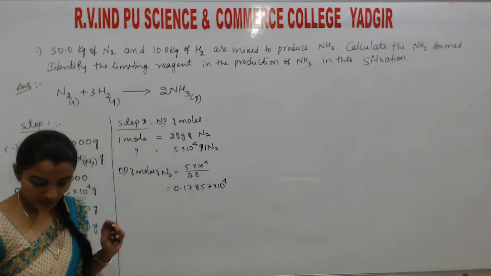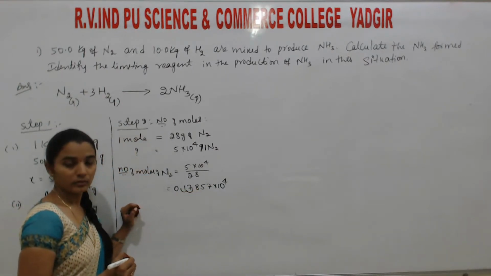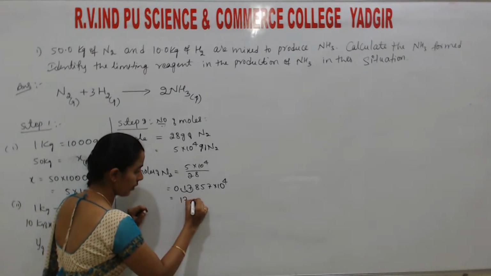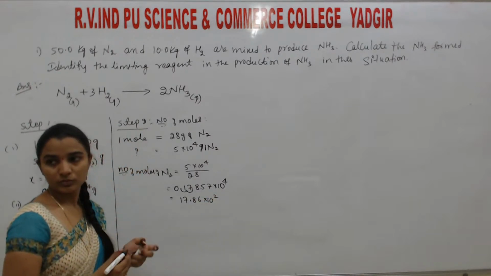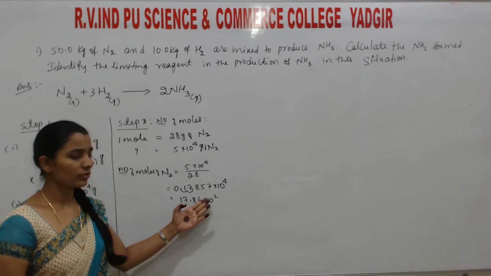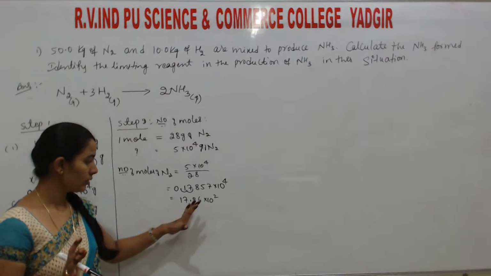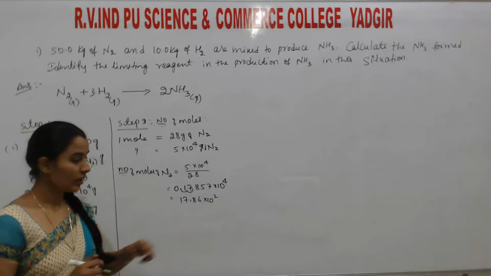I just shift this, that is 17.86 into 10 to the power 2, or 1.79 into 10 to the power of 3. Whatever you want, you can take. This depends on you.